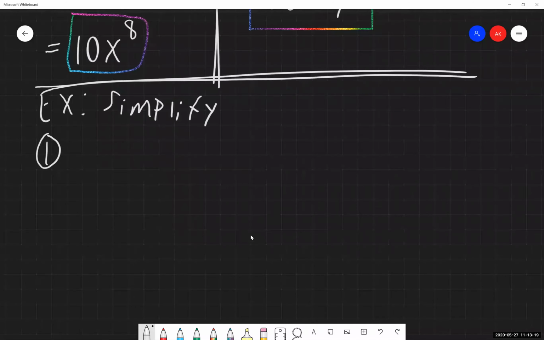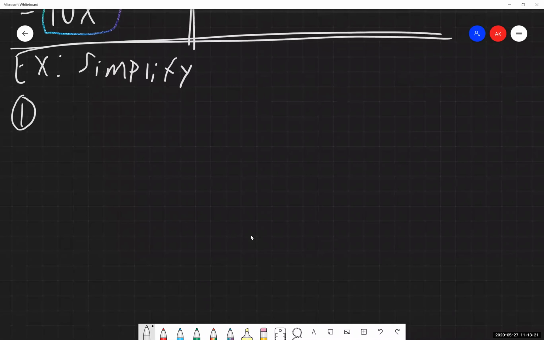So our first example that we have with monomials times polynomials, we have the quantity 2x times the quantity 3x plus 6.